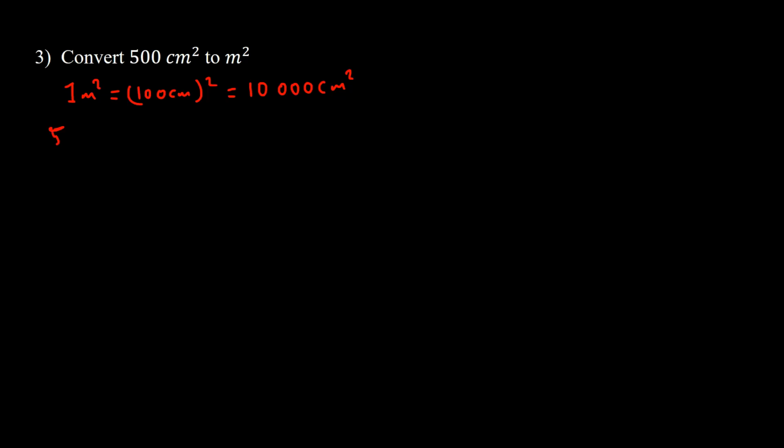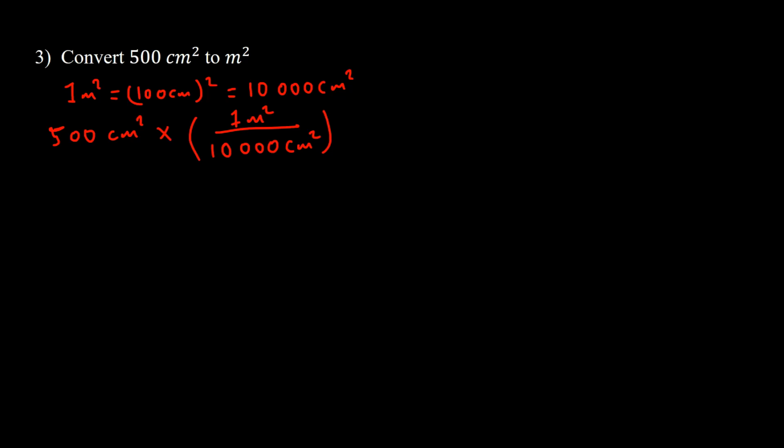So we write 500 centimeters squared, and then we multiply by a fraction. We want the square centimeters to cancel out, so let's put the 10,000 square centimeters down so that it cancels out, and on top here we can put 1 square meter.